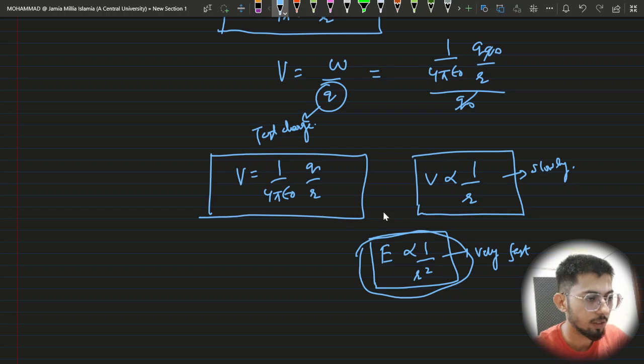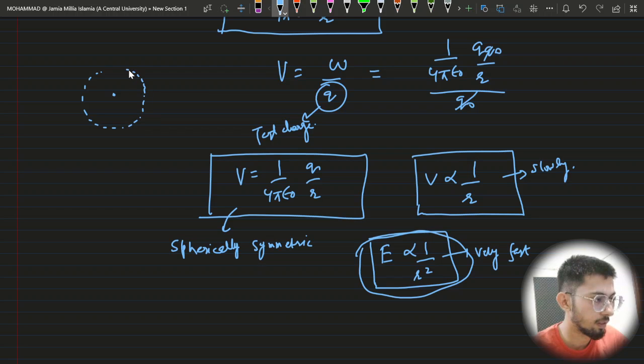Now this is also spherically symmetric. Can you explain what that means? Spherically symmetric. If you have a charge, it would be the same at all points on the sphere. Okay, got it. That's what spherically symmetric means.